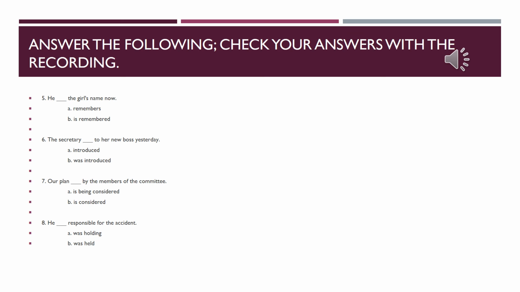And number 8, he was held responsible for the accident. To hold someone responsible means to say that they're guilty or they've done something. So you are held responsible. Someone holds you responsible. He was held responsible for the accident.